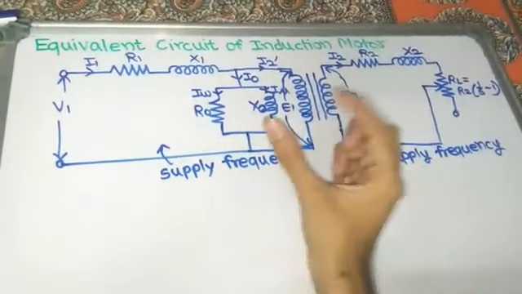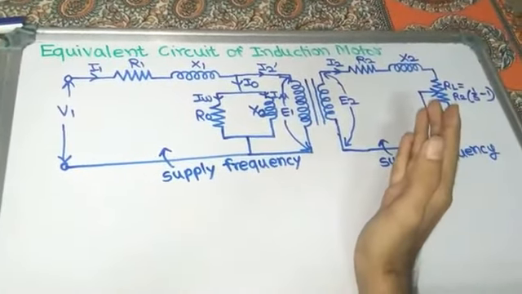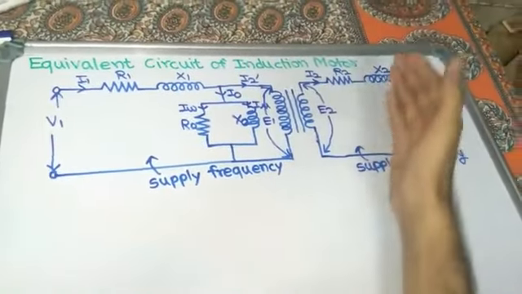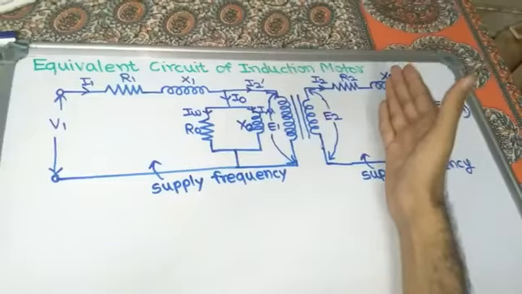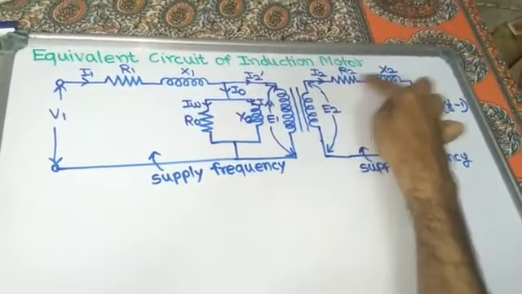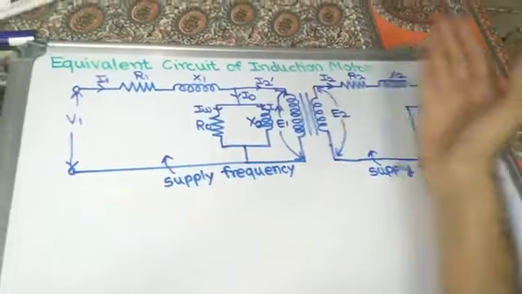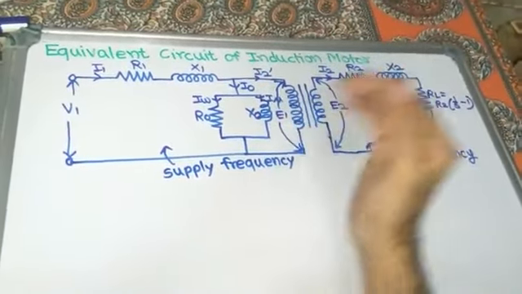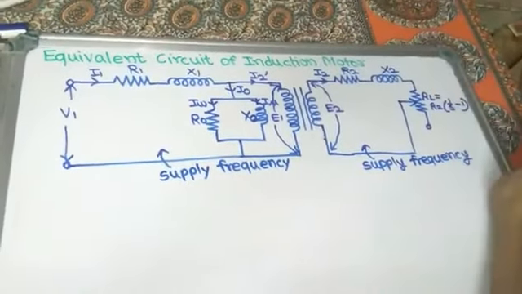Now can we draw the equivalent circuit of the three-phase induction motor referred to the stator? We can draw it by shifting the rotor parameters to the stator side. What are the rotor parameters? R2, X2, RL on the rotor side. What will they become? After shifting them to the primary side, that is the stator side, they become R2 dash, X2 dash, and RL dash.